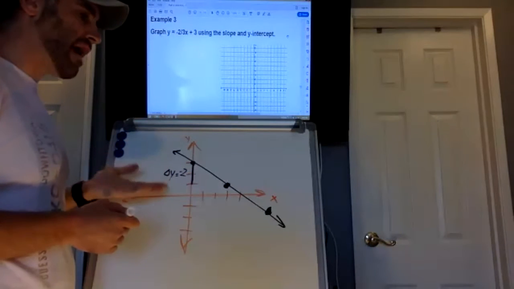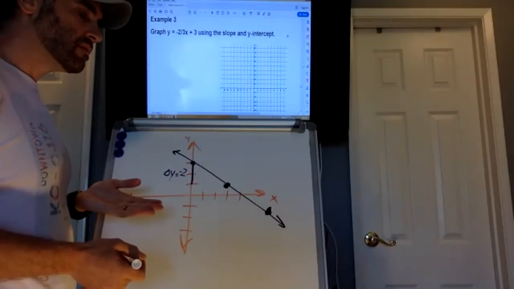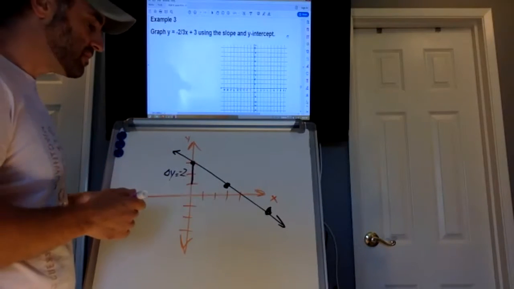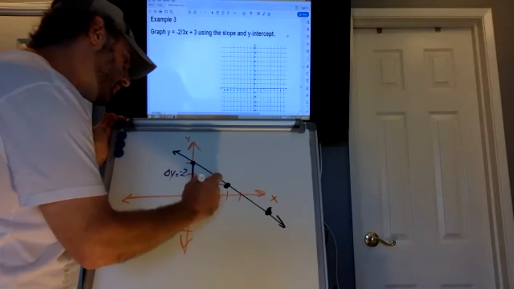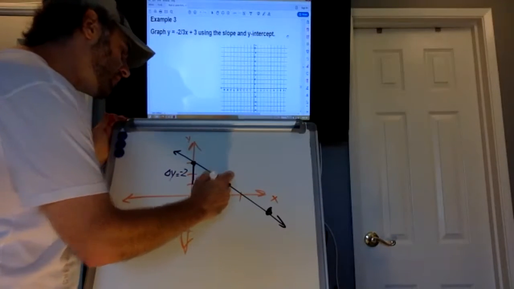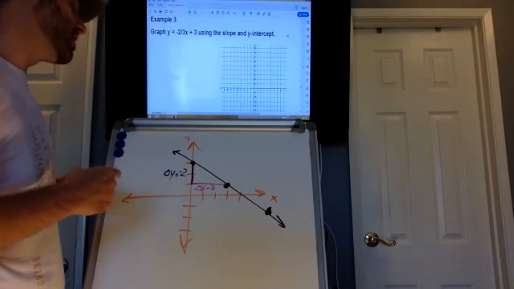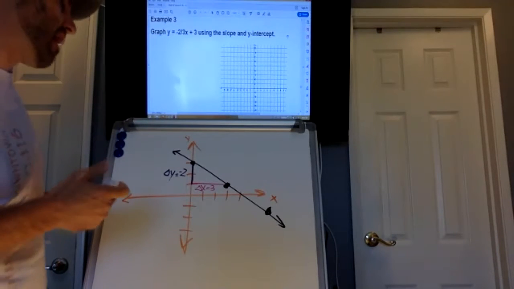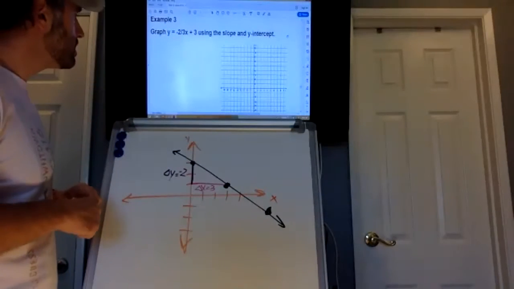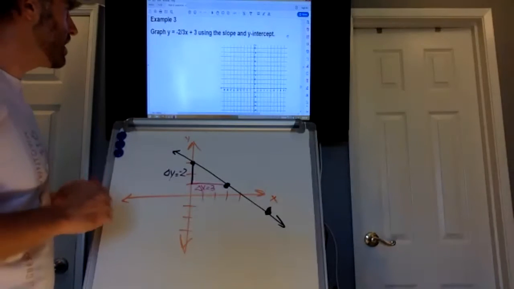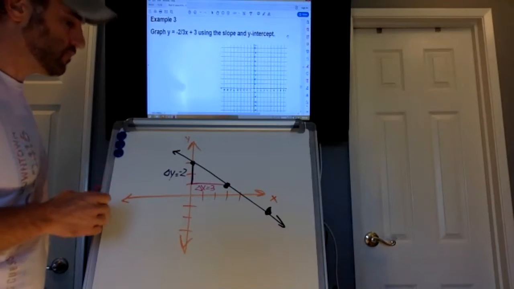Delta y only happens when you get a delta x. So then I had a delta x that was equal to +3. Now, if you want to know where I got those numbers, look right here. The numerator is the delta y, down 2.